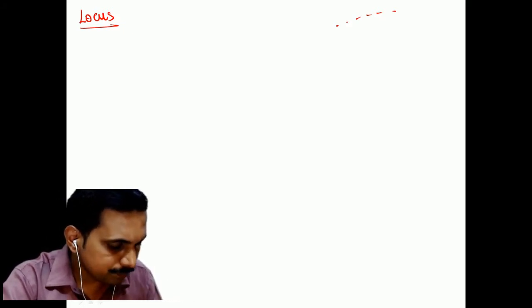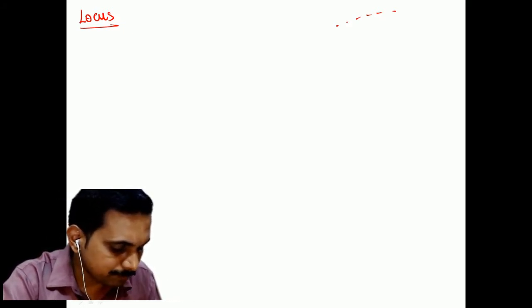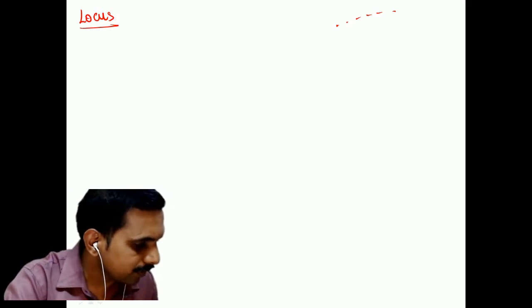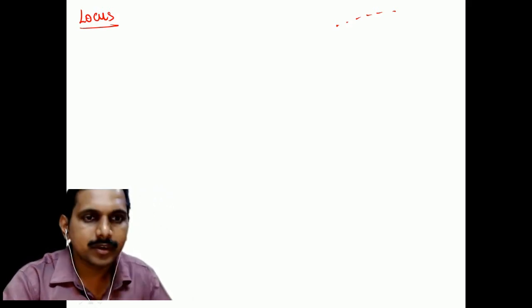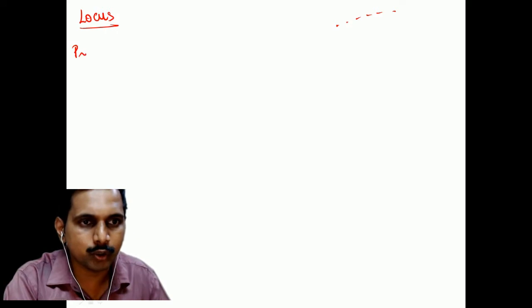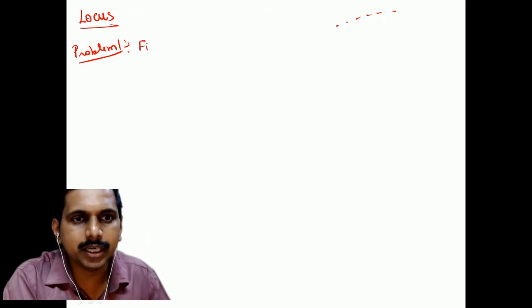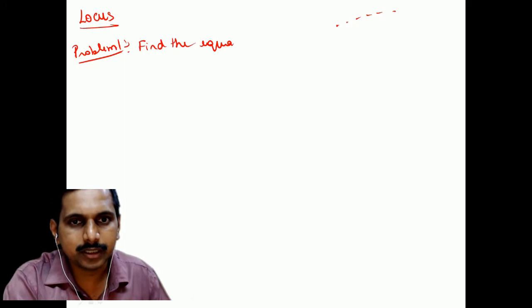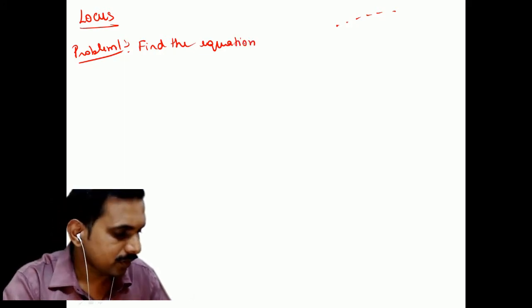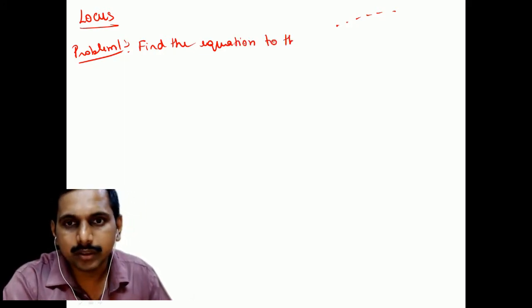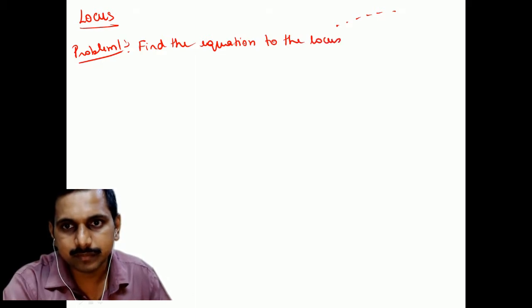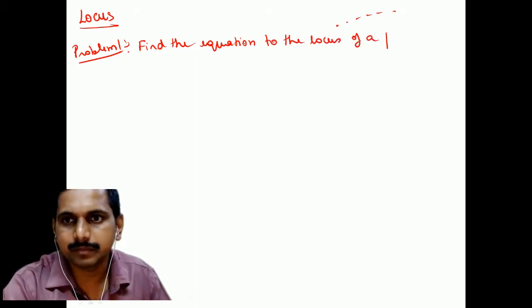Let us have a problem like this. Problem 1, you are doing it by yourself. I will help you out if you can't do it. Find the equation to the locus of a point.